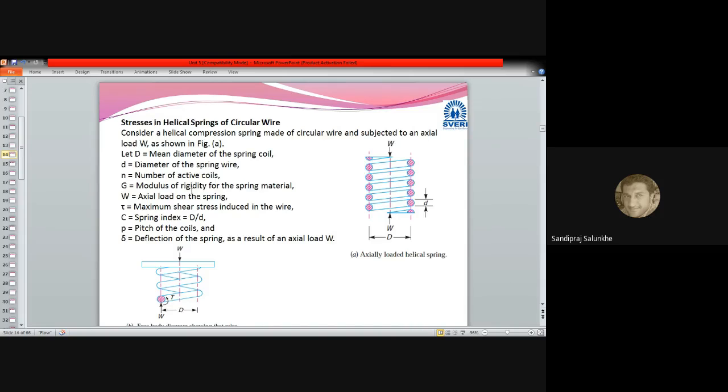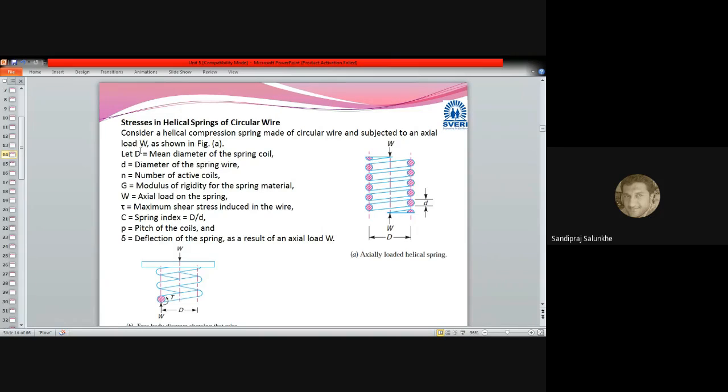W is the axial compressive load applied on the spring. Tau is the maximum shear stress induced in the spring wire. C is the spring index, that is nothing but the coil diameter divided by wire diameter. P is the pitch of the coil, and delta is the deflection of the spring as a result of axial load W.